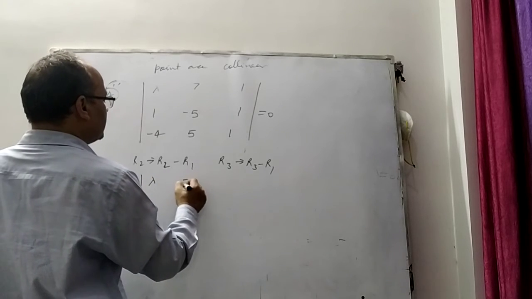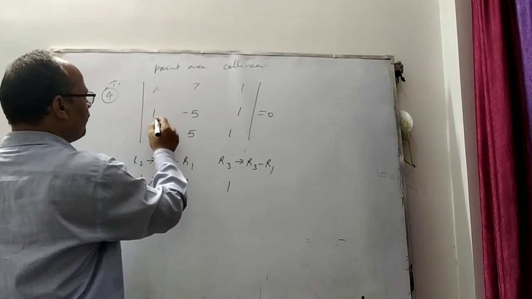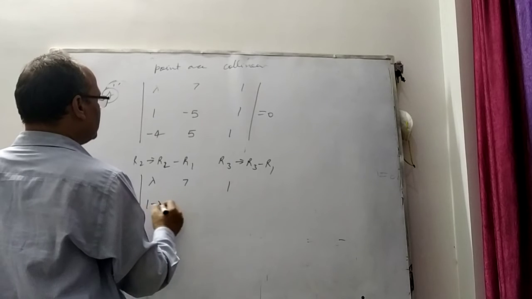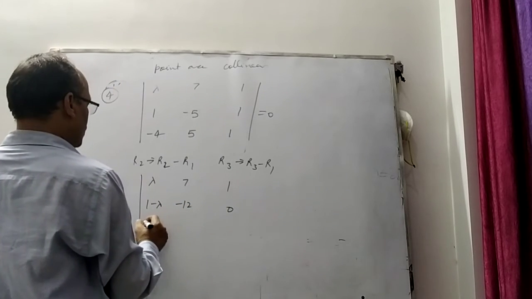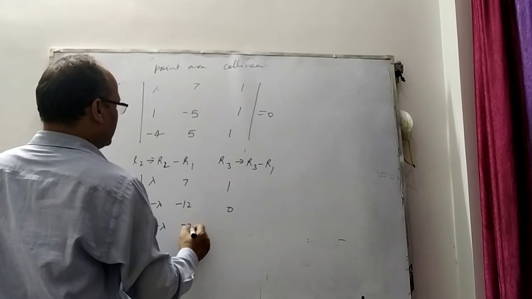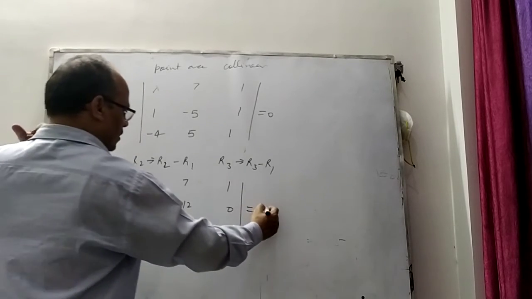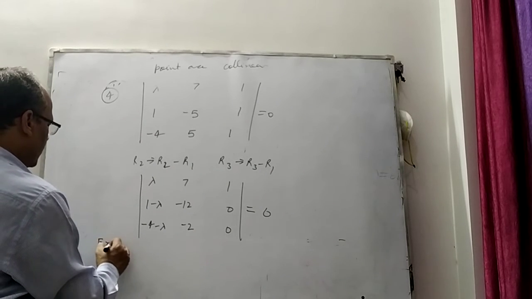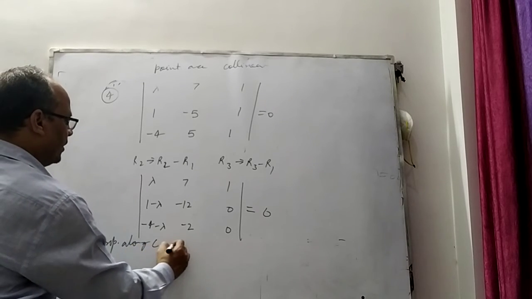Lambda 7 1. So this will be 1 minus lambda, minus 12, 0, minus 4 minus lambda, minus 2, 0. You will expand along C3.